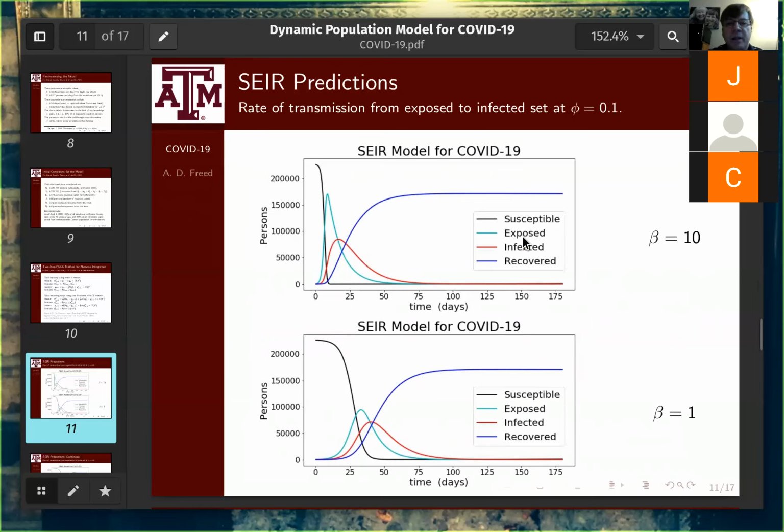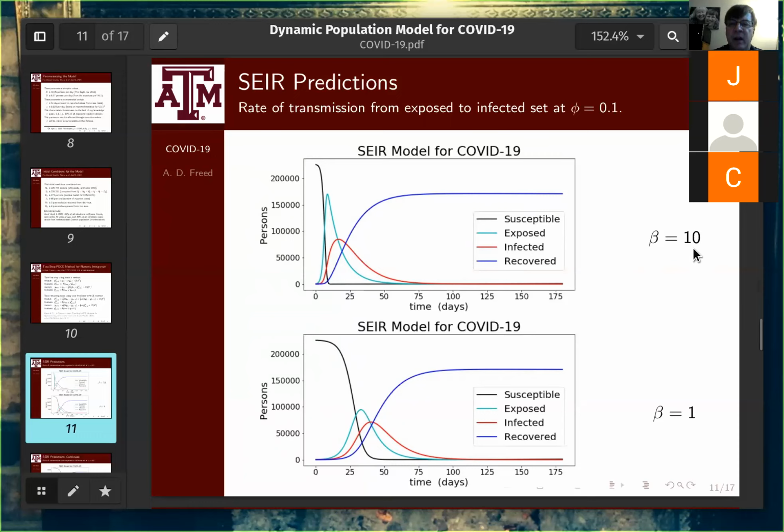In these, the susceptible population is in black, and it always starts around 225, 226,000. And then it falls off very quickly. This is for beta equals 10.